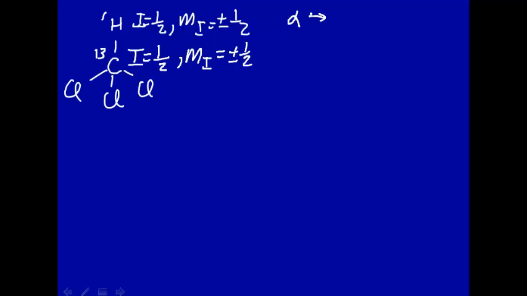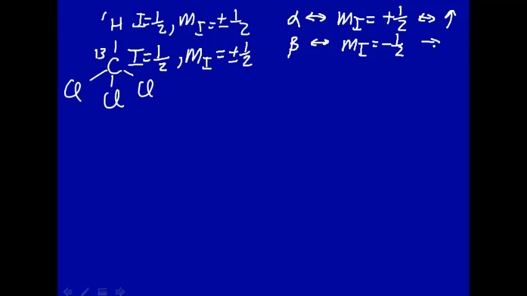Alpha will correspond to m sub I equal plus 1/2, with an up arrow, spin pointing up. Similarly, beta will correspond to m sub I equal minus 1/2, spin down. So we're going to use alpha and beta.